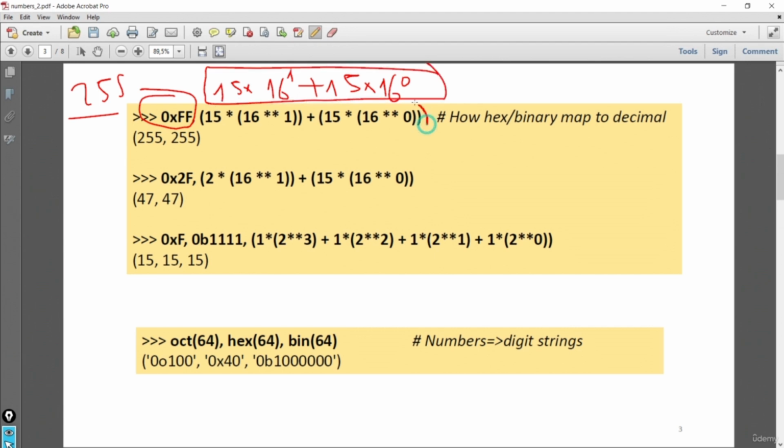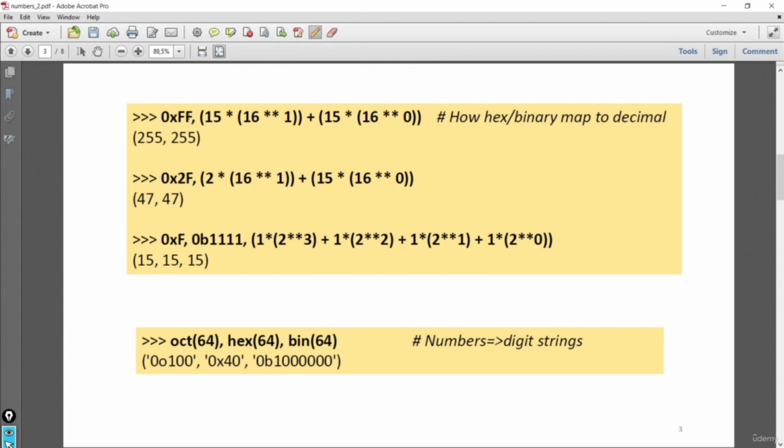We can write it using this line. Power can be taken using 2 stars. So the conversion of this to decimal can be achieved using these expressions. The result of both is 255.